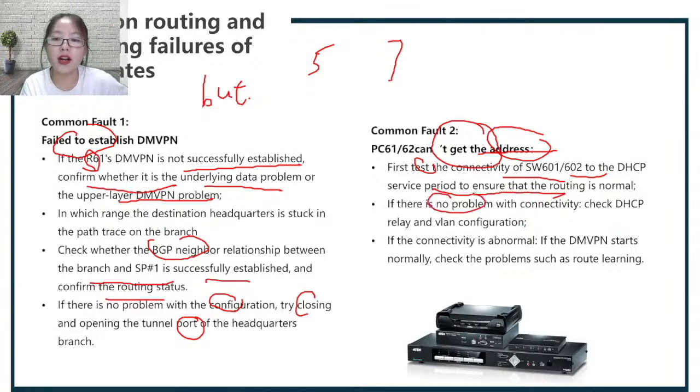If there is no problem with connectivity, check the DHCP relay and VLAN configuration. If the connectivity is abnormal but DMVPN starts normally, check problems such as route learning. These belong to routing and switching failures.